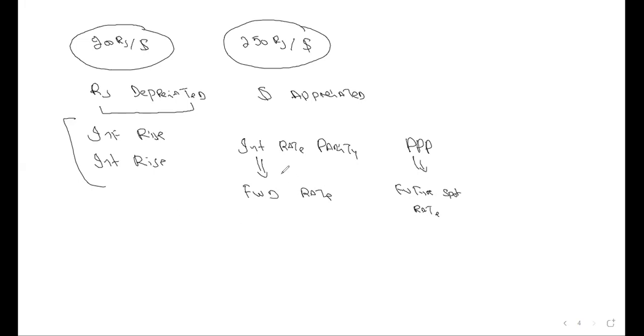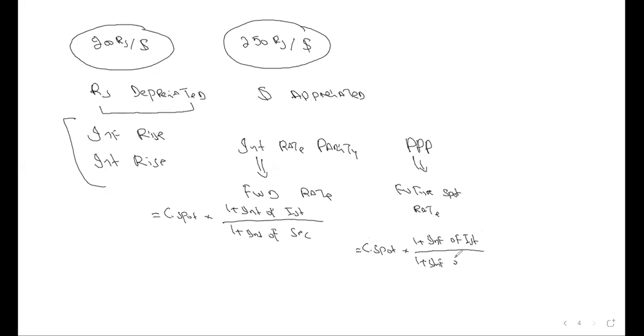Now, the interest rate parity has a formula. You will take the current spot rate into 1 plus interest of first currency divided by 1 plus interest of second currency. And here, current spot into 1 plus inflation of first currency divided by 1 plus inflation of second currency.